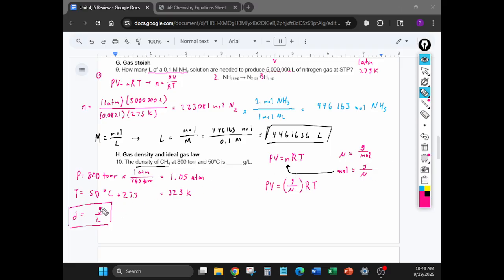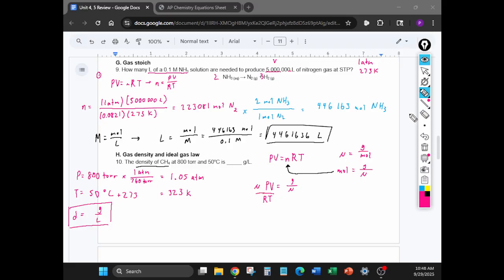What we want is to have grams divided by liters on one side of the equation and everything else on the other side. Let's start on the right side. We want to move RT to the other side, so we divide by RT on both sides, and that gives us grams per molar mass equals PV over RT. After that, we want to move the molar mass to the other side as well, so we multiply by molar mass.